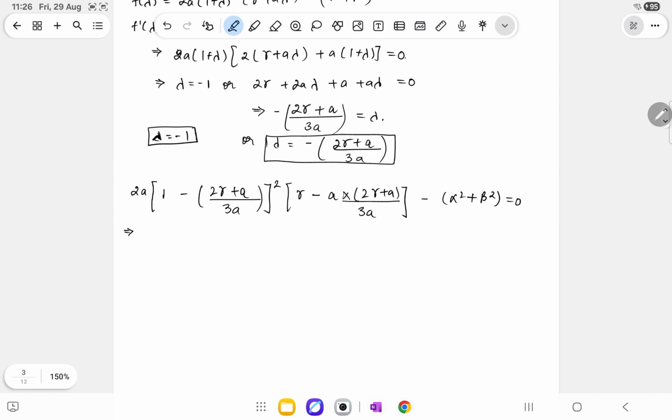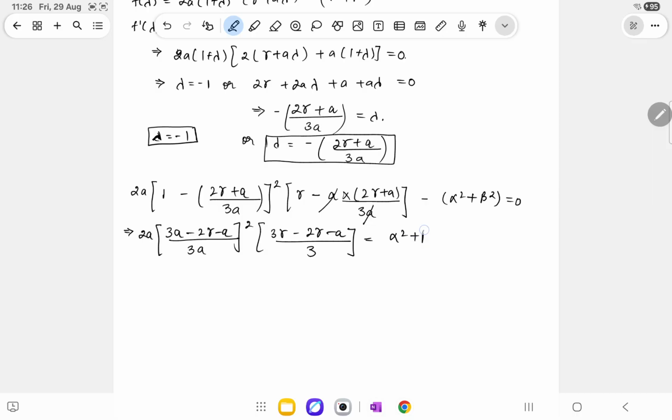So I can solve it. I'll get 3a minus 2 gamma minus a upon 3a, whole square. This a will balance out the 1 in the denominator, so I am left with 3 gamma minus 2 gamma minus a upon 3 is equal to alpha square plus beta square.